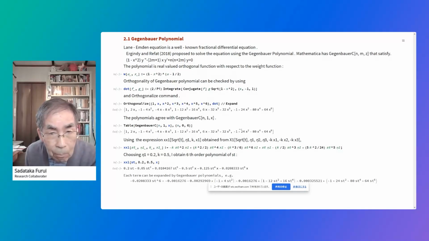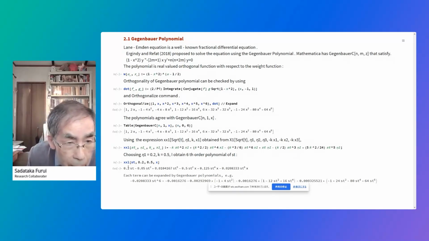same polynomials. Using the expression x1 square root of t eta 1 k kx1 obtained from previous x1, I define x1 this equation, and choosing eta 1 equals 0.2 and k equals 0.5, I obtained this equation, and this is the sixth order polynomials, but each term can be expanded by the Gegenbauer polynomials.